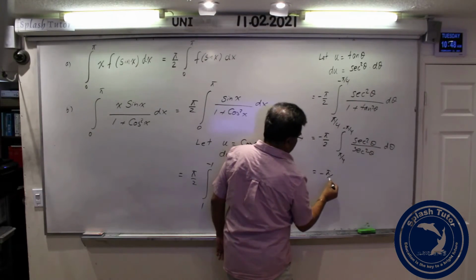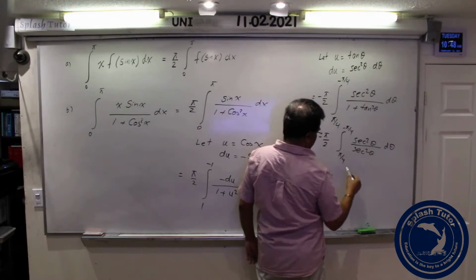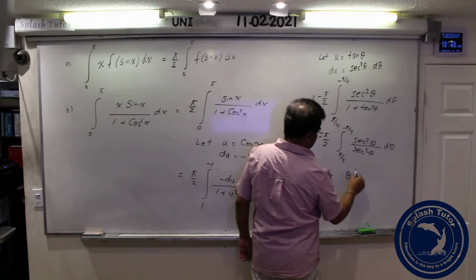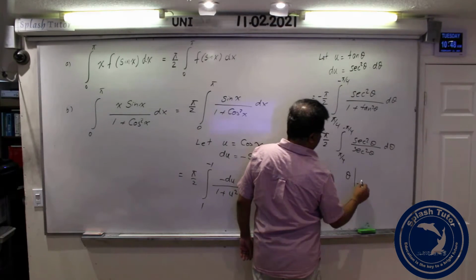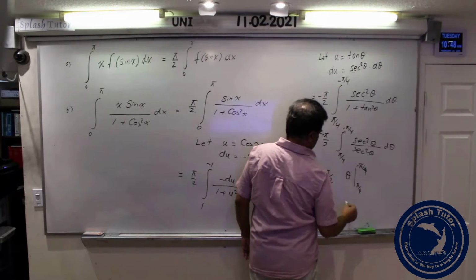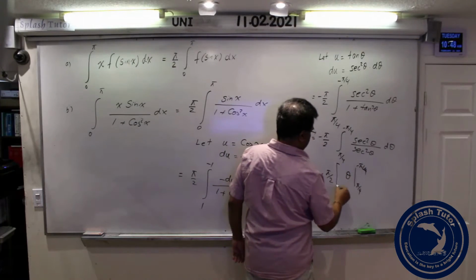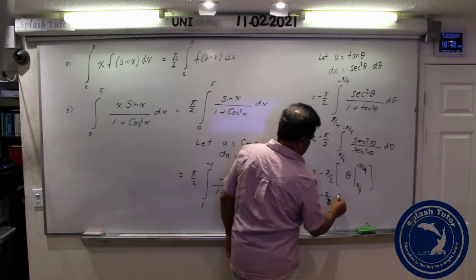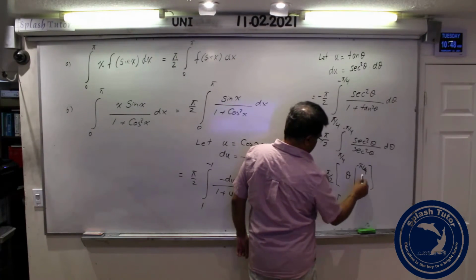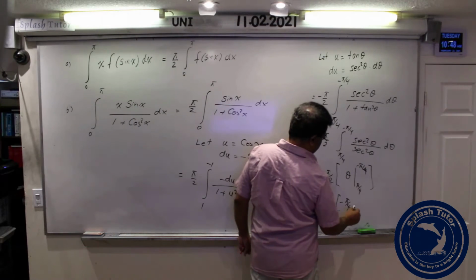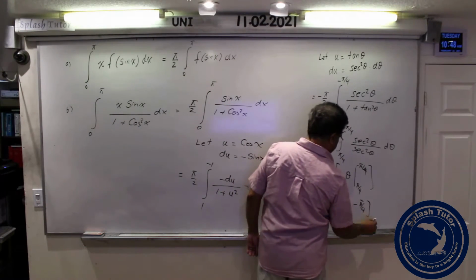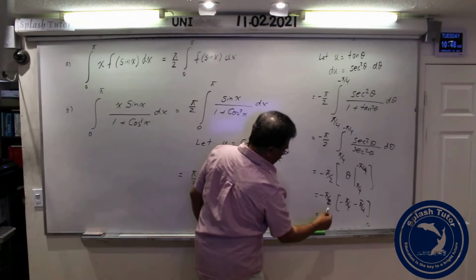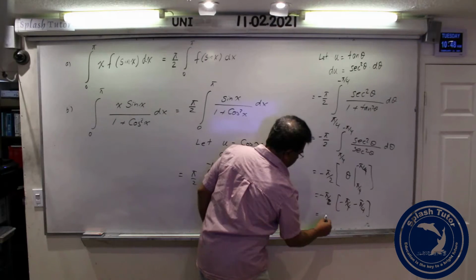Now if you integrate 1, that's theta, from minus pi over 4 to pi over 4. If you plug in, that is pi over 4 minus minus pi over 4, that is pi over 2.